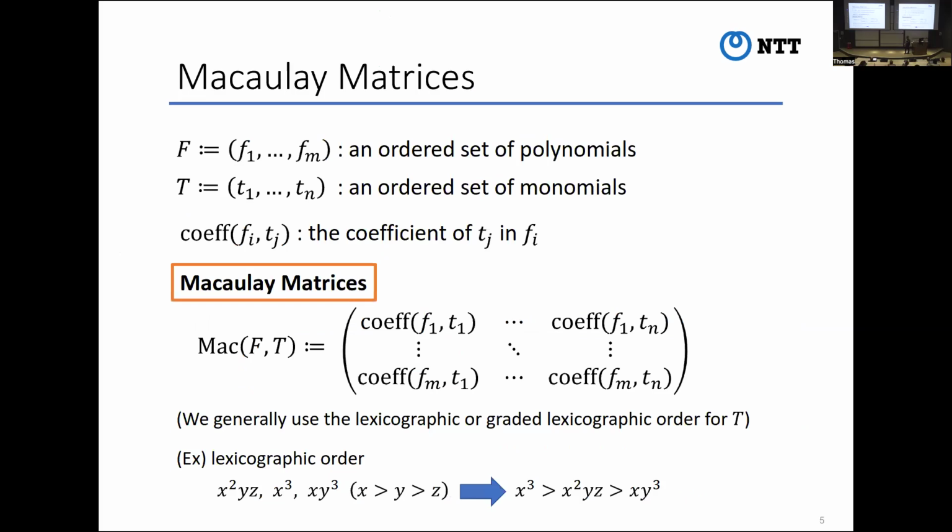Then coef(F_i, T_j) is defined as the coefficient of T_j in F_i. For these sets F and T, we can form the Macaulay matrix, which is an m by n matrix over F_q whose ij element is coef(F_i, T_j).